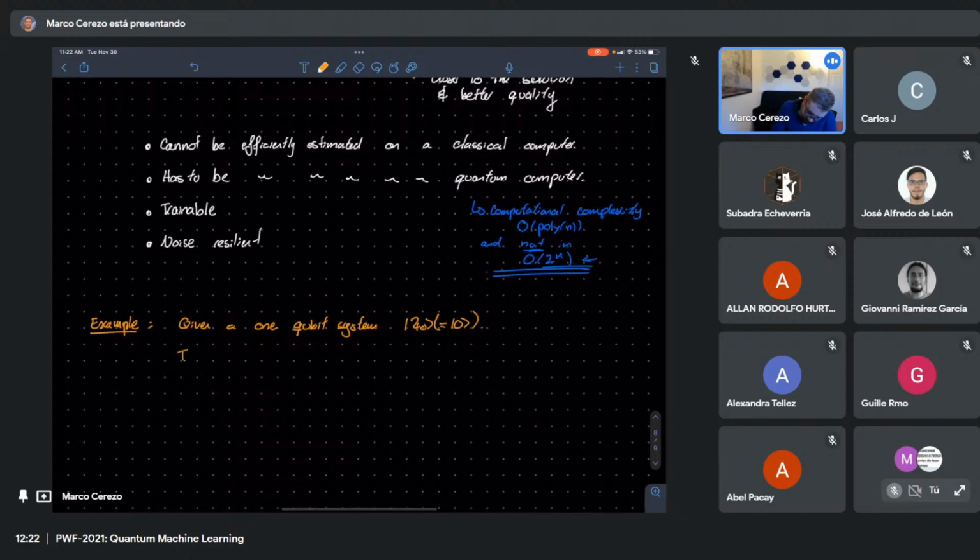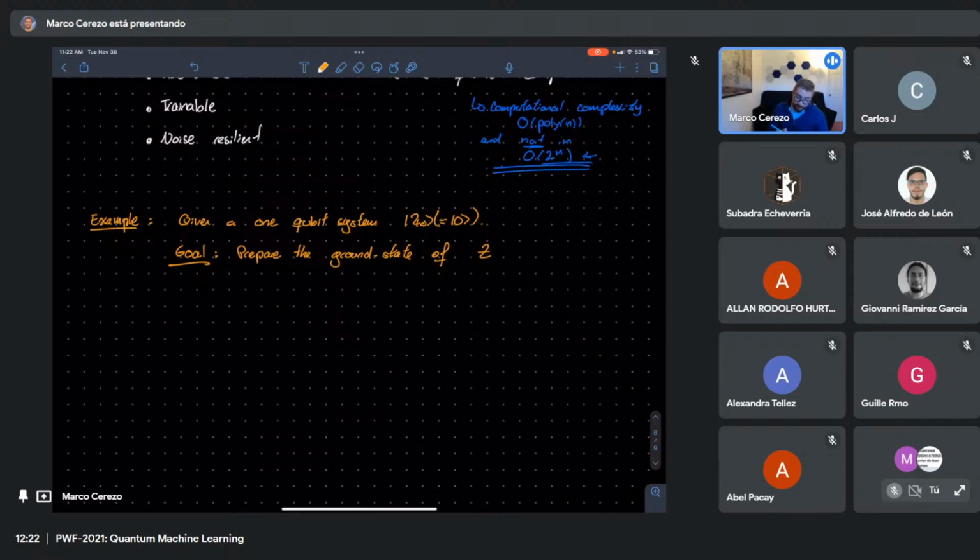We want to prepare, the goal of this problem is to prepare the ground state of the Z operator. You might be familiar with this if you've already done the first exercises in the Python code.